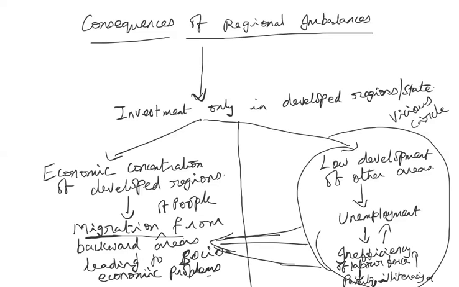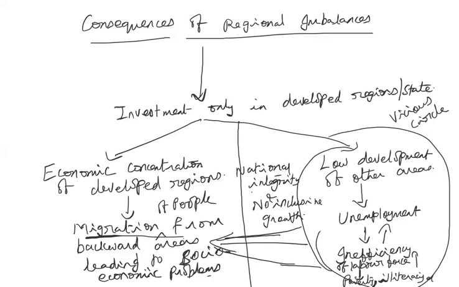And finally, it is affecting the national integrity. So national integrity is affected, and there is no inclusive growth, because everybody is not benefiting from the economic development of the country.